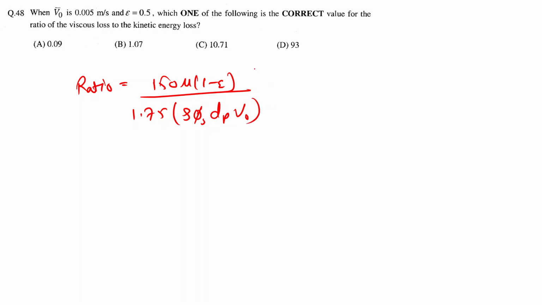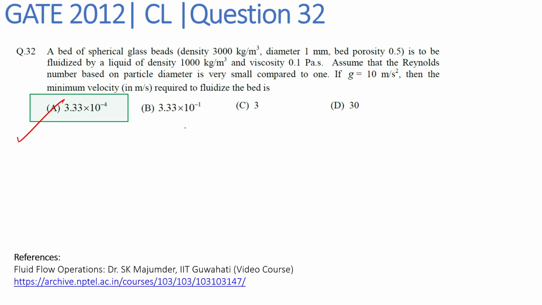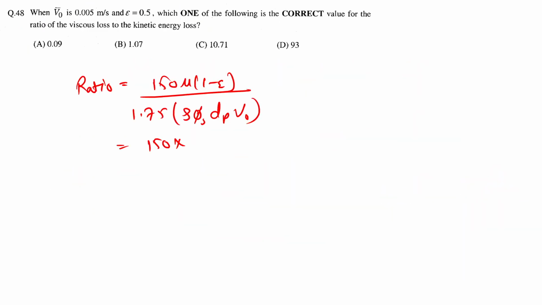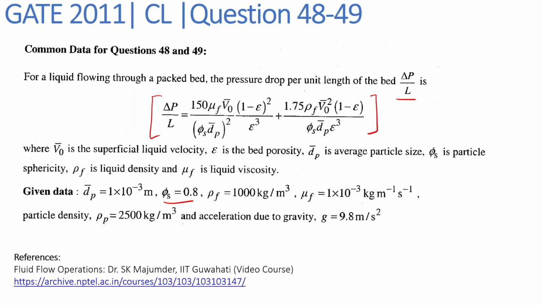Now we can replace all the values given in the question. So 150 into viscosity, mu is given as 10 raised to minus 3. 1 minus epsilon we have been given as 0.5, upon 1.75 rho phi s and dp we need.